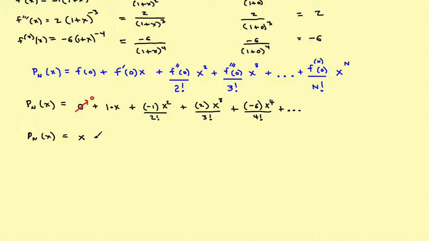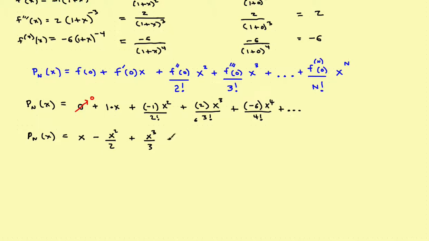So that will just turn into minus x squared. It's like 1/2 of this, or this thing divided by 2. Now the third term is back to a plus again. And 3 factorial is 6. So 2 divided by 6 would be 1/3. So this will become x cubed divided by 3.